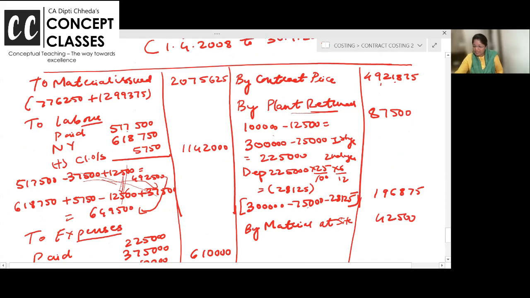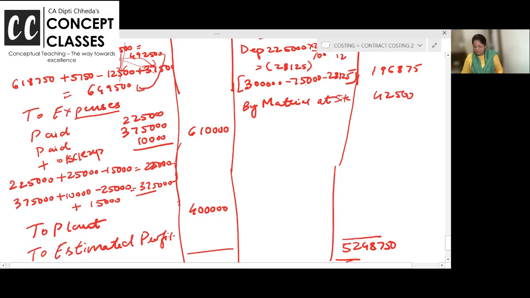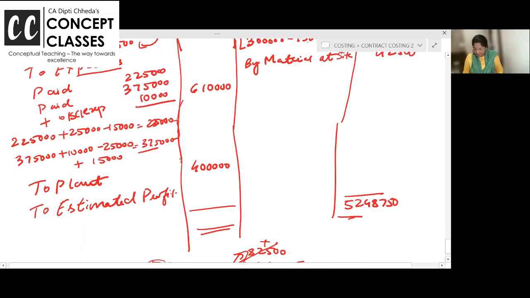Please do the total faster than me and tell me the answer. 10,21,125 is the total profit of the whole contract. 52,48,750 is also the total. They have just asked you to calculate.